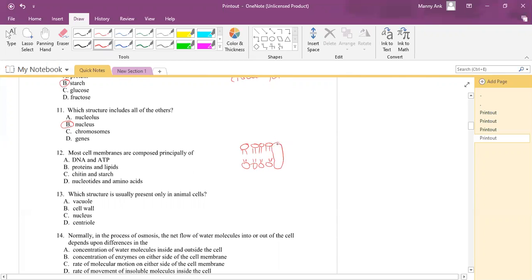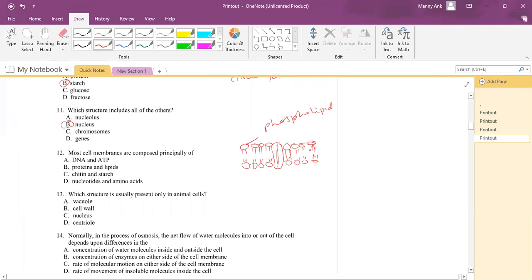They have some proteins that go through the membrane. The head, which is a phosphate, is the hydrophilic part. And the tail, which is the lipid part, is the hydrophobic.